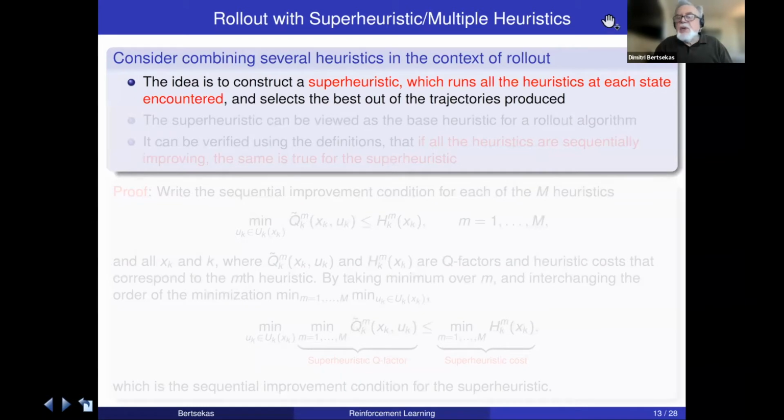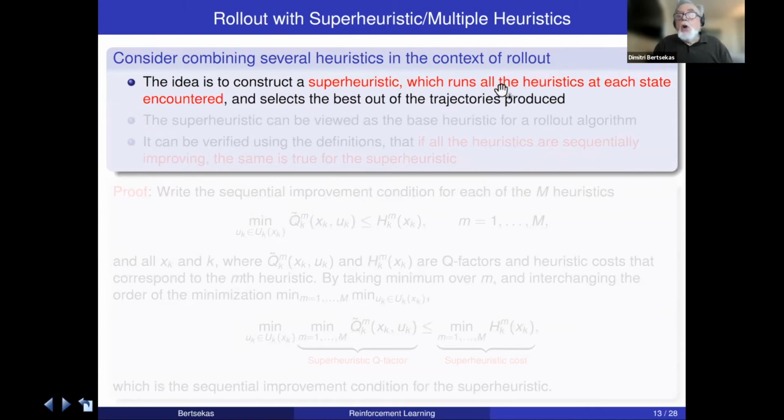And there may be some other heuristic that makes more sense to use in these other parts of the state space. So you may have multiple heuristics and you may not even know which one is better and from where, but we can combine them in the context of rollout as follows.